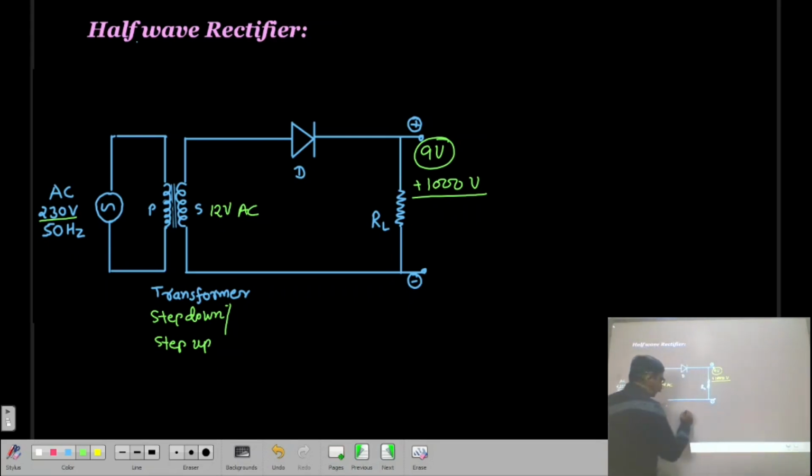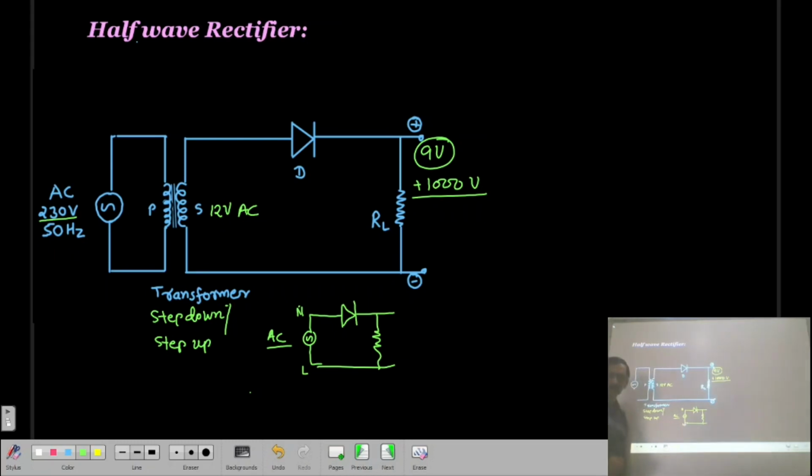Suppose we have a circuit like this. Without a transformer, you can have the rectifier. Remember, here we have an AC voltage. Now suppose this is the neutral terminal and this one is the live terminal, meaning a 2-pin plug is there, already you know.